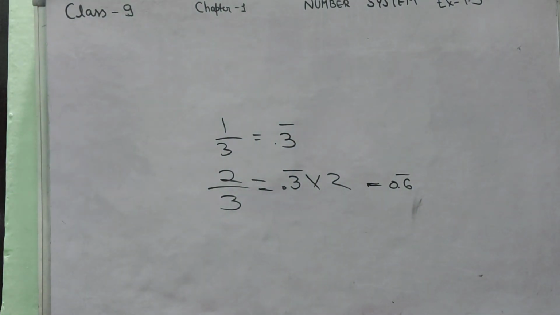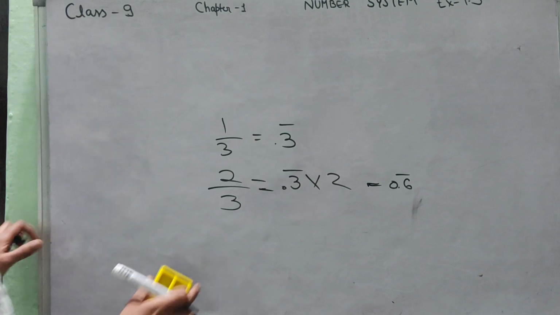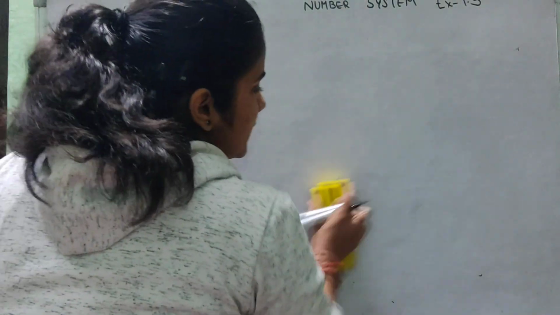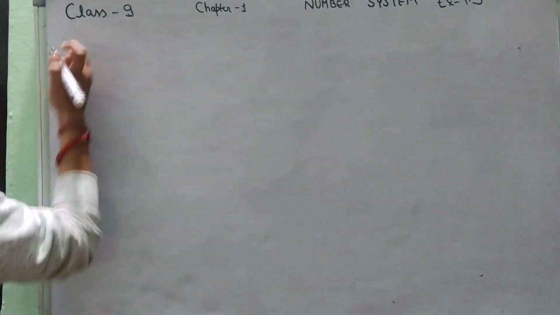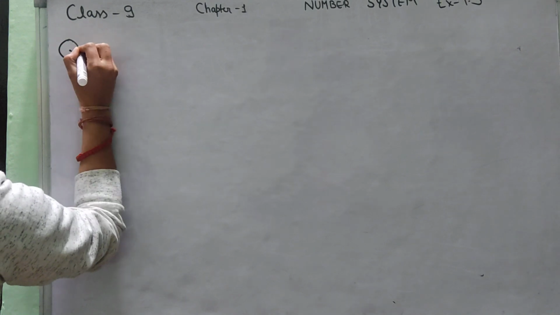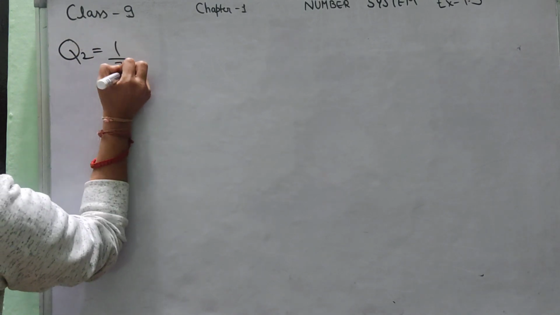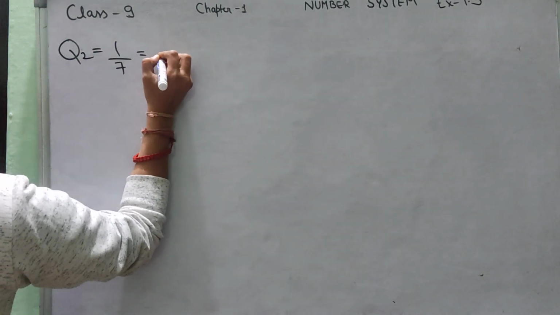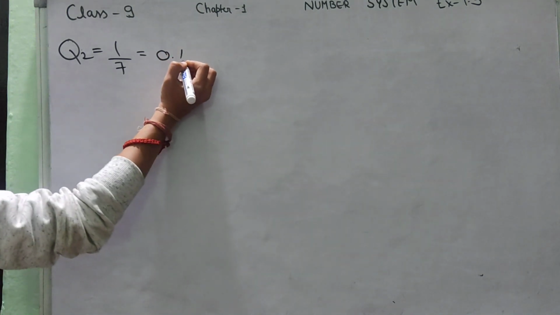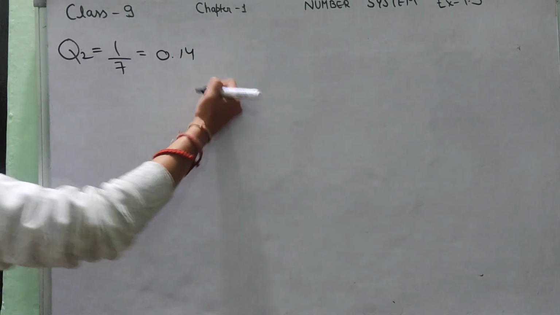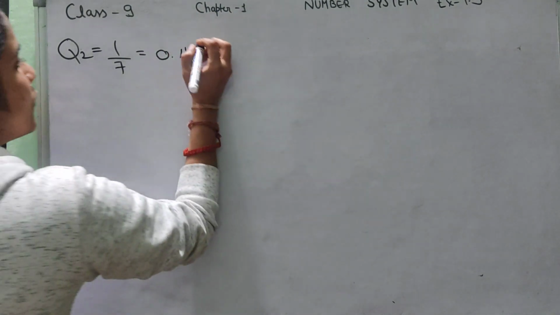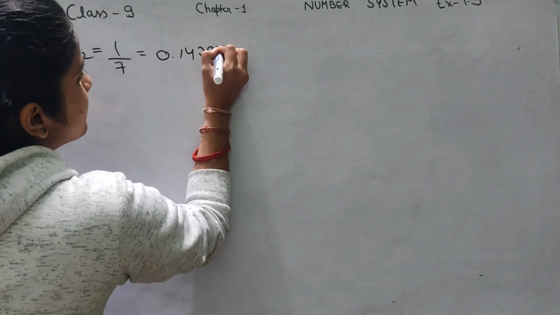So the question is, without actual division, 1 by 7 is given as 0.142857 bar.